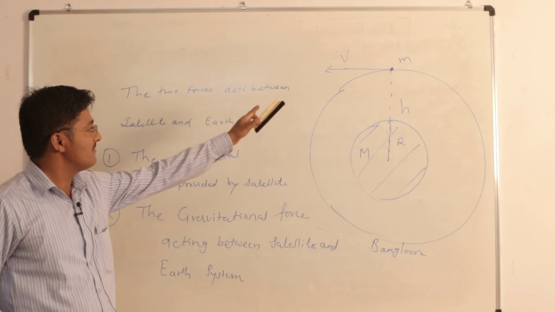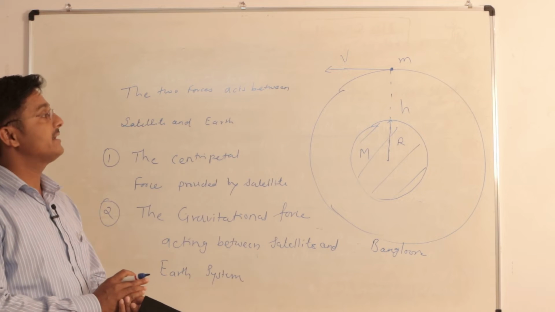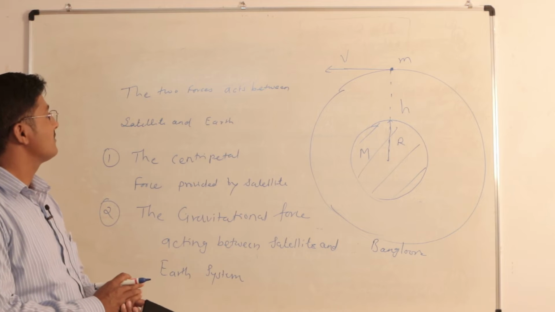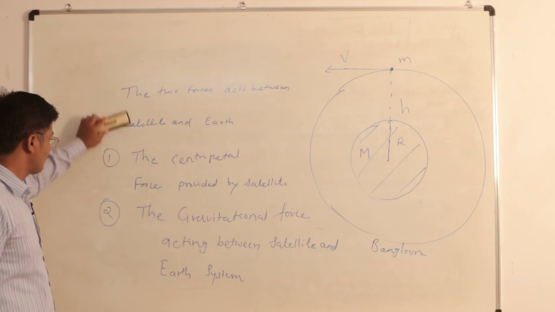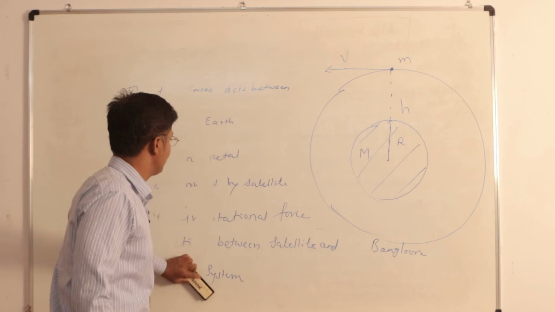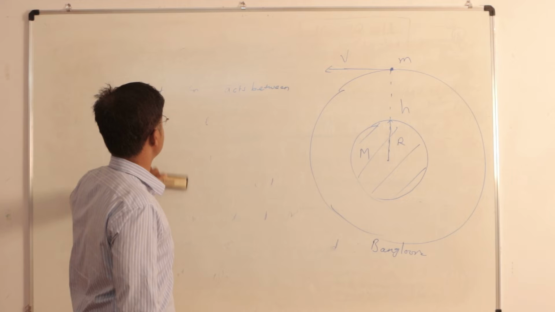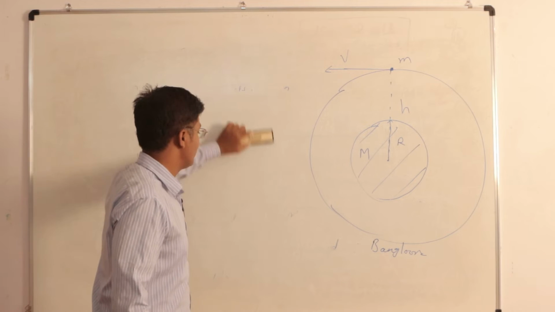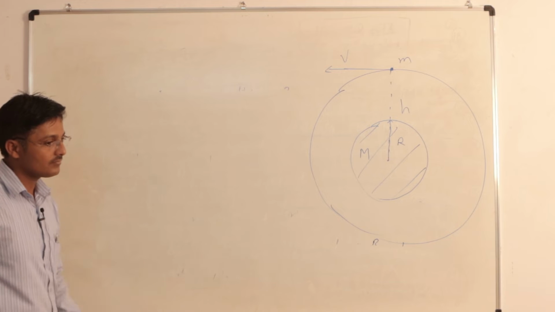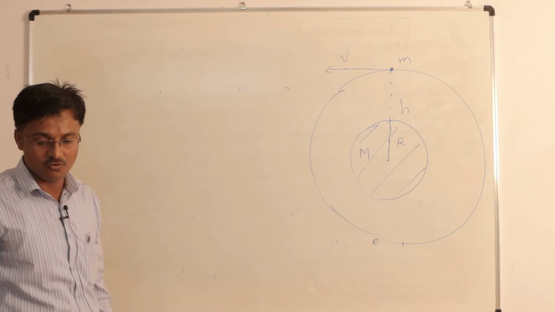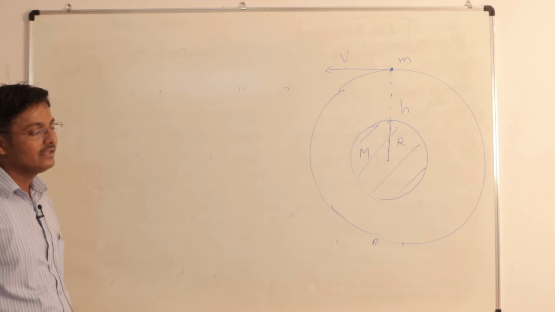So what is the centripetal force acting? So centripetal force acting on satellite, we will write mathematically. We have mathematical expression for centripetal force and gravitational force. In previous lecture we have studied mathematical expression for gravitational force by Newton's law of gravitation, and already we know that centripetal force which acts on the system can be calculated.